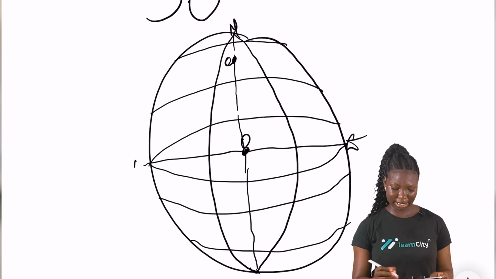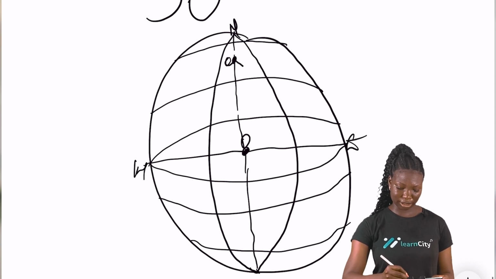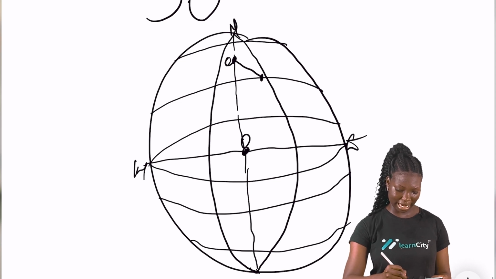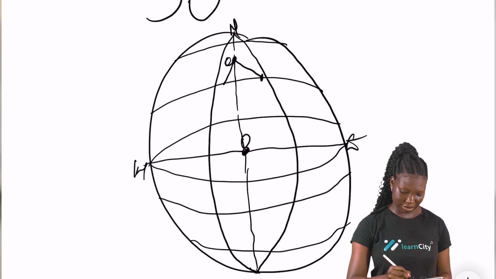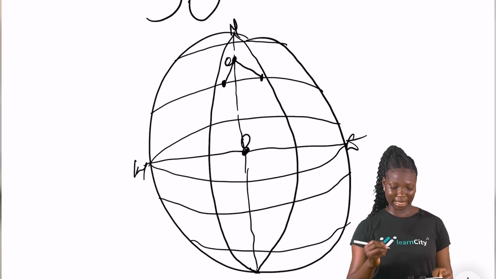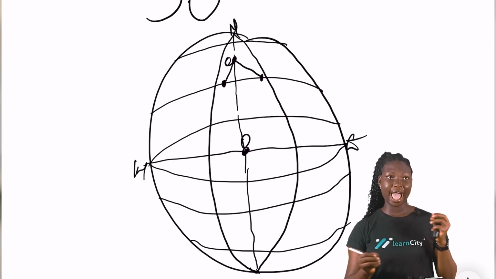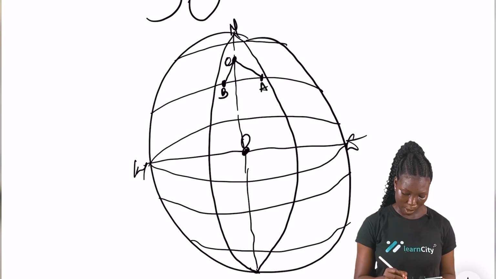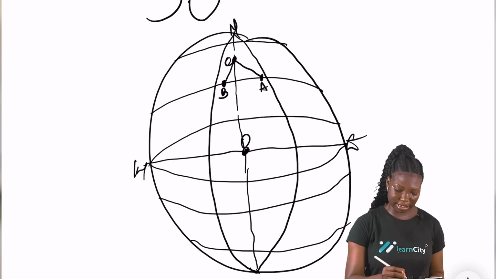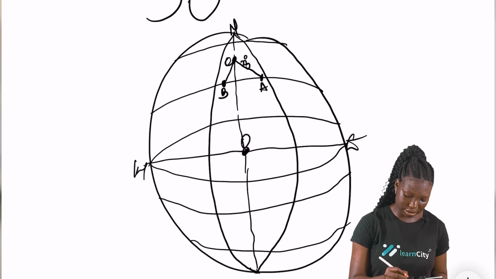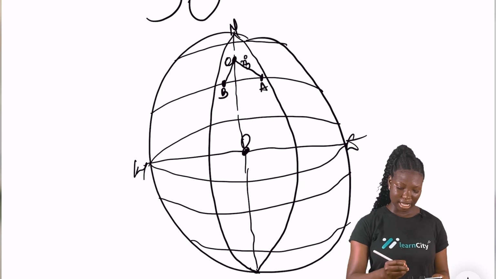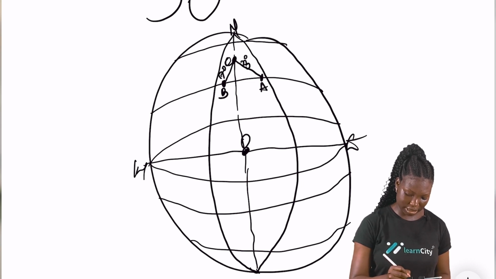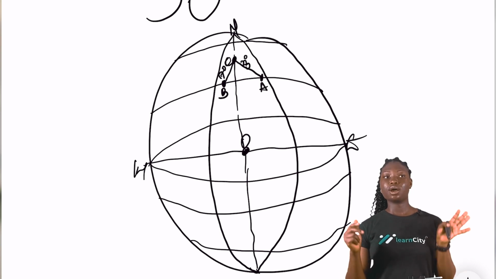So this is our east and this is our west. 23 degrees east, we can have it like this, and 17 degrees west, we can have it like this. So here is our B and here is our A, with 23 degrees to the east and 17 degrees to the west.